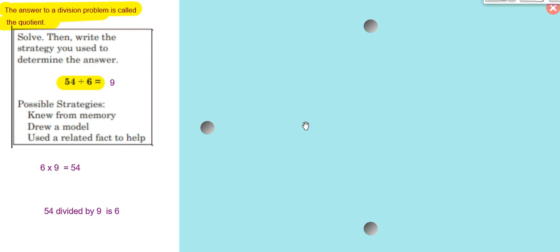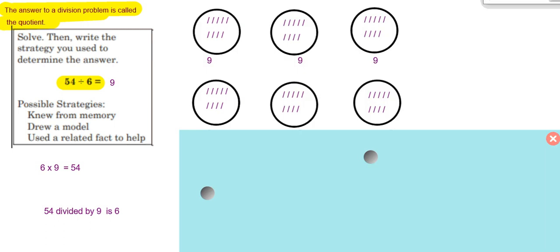So I would rather you know your multiplication facts, because you're going to need them for everything that's coming up in your future math lessons. So I went ahead and drew the different circles, and I tally out like 1, 2, 3, 4, 5, 6, 7, 8, 9, 10, so on up to 54.